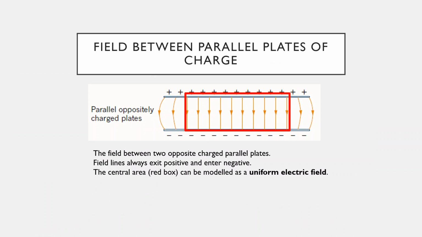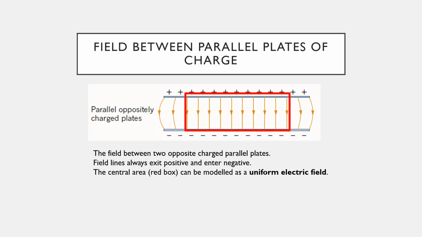This is the field between what we call two parallel plates of charge. These might be some kind of metallic plates. Metal is one of those types of material that can be charged very easily. So you might be able to charge one plate more positively than the other one, and the field that it would produce would look something like this.